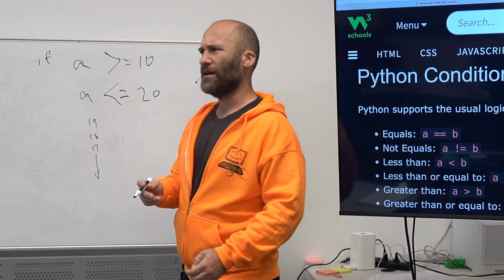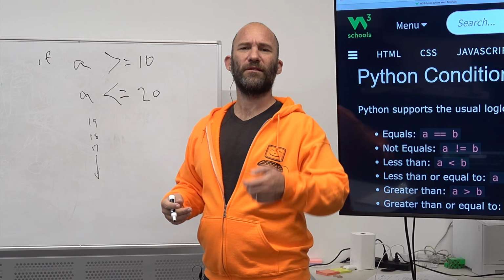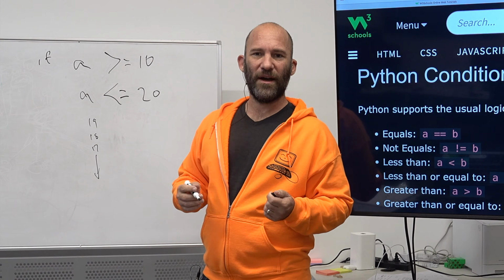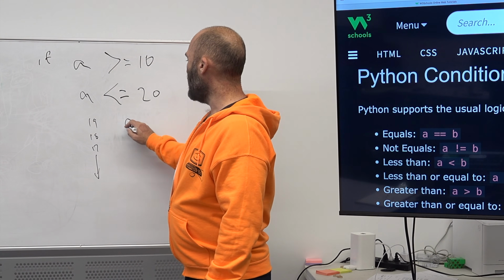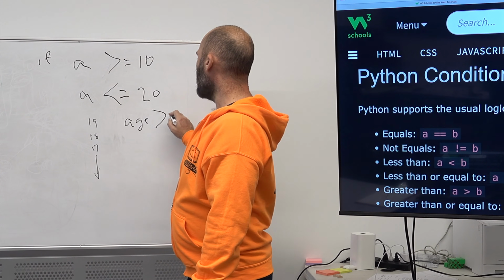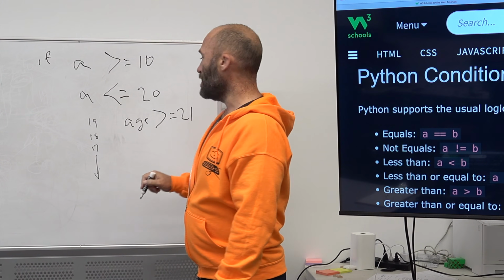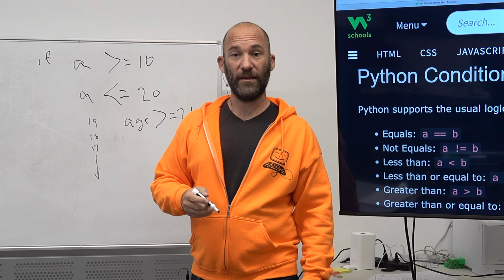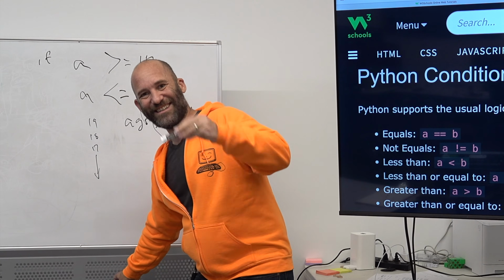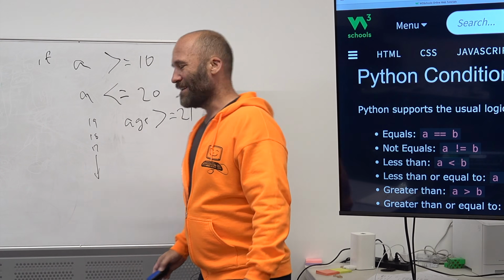You might think about this like with drinking age. Let's say you're dealing with people coming into a bar, and you're trying to check their age. What you would want is, if their age is greater than or equal to 21 here in the United States. Again, if you screw up in programming, which is very easy to do, it's very easy just to not put in a character.